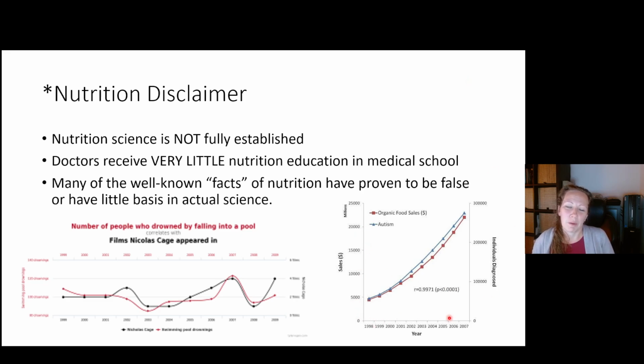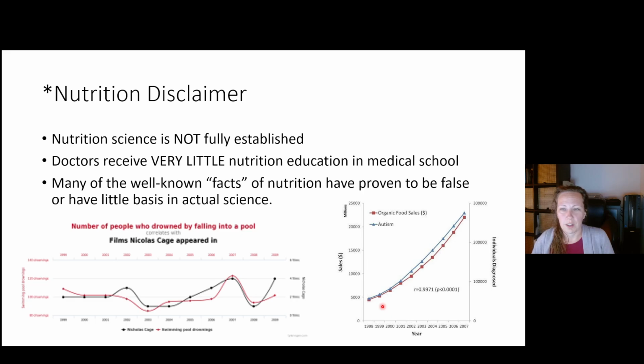Here's another one that's a little bit more serious, but shows you how wrong it is to suppose that things cause something just because they're correlated. From 1998 to 2007, organic food sales were spiking at almost the same rate as autism diagnoses in that time period.